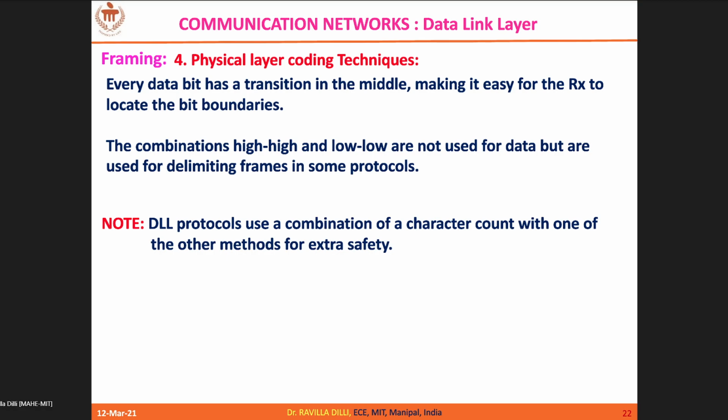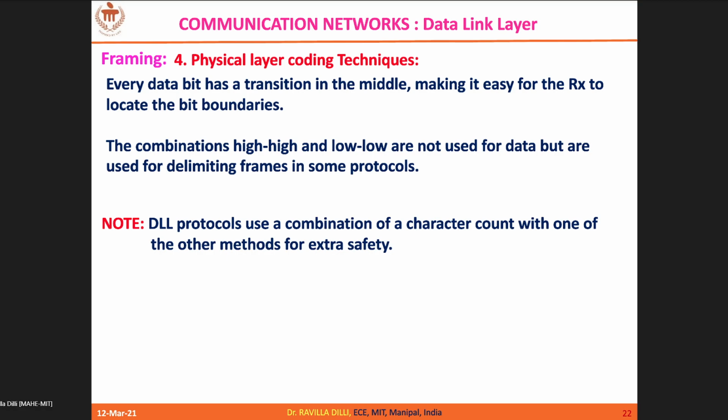For the user's data, you anyhow go from low to high or high to low. For instance, if you are using differential Manchester to represent your binary bits, you will move either from low to high or high to low. But when I want to represent the boundaries, the beginning and the end of the frame, then my representation of the bit is high to high or low to low.